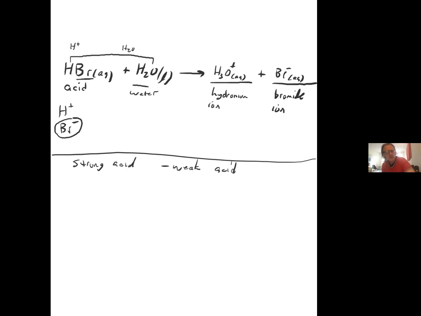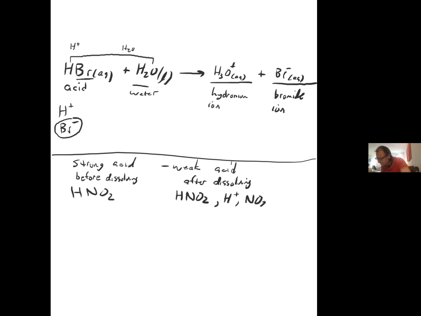If you put the acid into water, so let's say you have HNO2, this is before dissolving, and then it's after dissolving. If after you dissolve, you find that there's still some of the original acid left over, see how it's got some of the original formula left?